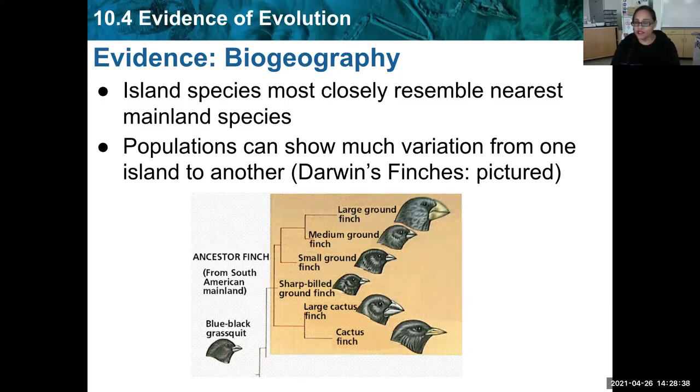And he noticed that island species on the Galapagos Islands most closely resemble the nearest mainland species. And then populations can show much variation from one island to another. There's dozens of islands in the Galapagos Islands. It's a chain of islands, and the different finches or birds found on each island were related, but they were just a little bit different on each island.